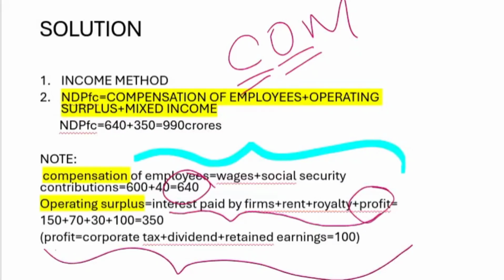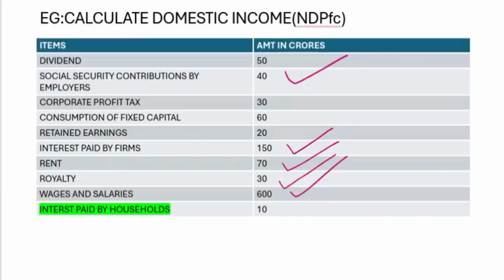So profit is equal to corporate tax plus dividend plus retained earnings. Please have concept clarity on this and memorize it. Corporate tax, dividend and retained earnings will give you profit. It is often asked in the examination. And dividend and retained earnings together are referred to as the after tax profit.